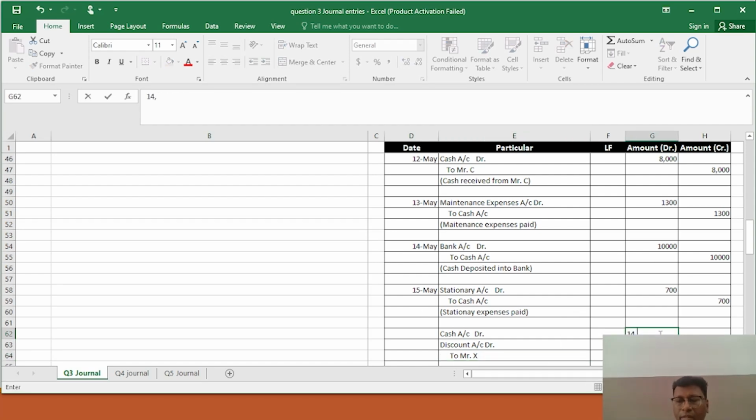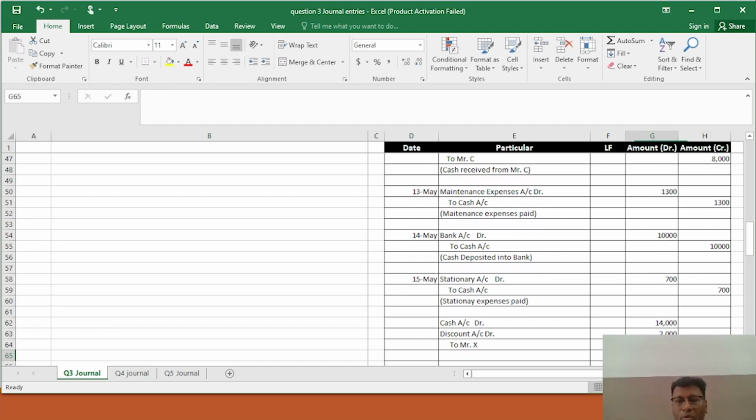So what is the amount? 14,000 you are receiving as cash, and the discount you can find by subtracting this 14,000 from 16,000, so the value of discount is 2,000, and you have to mention the entire value 16,000 which was to be received.